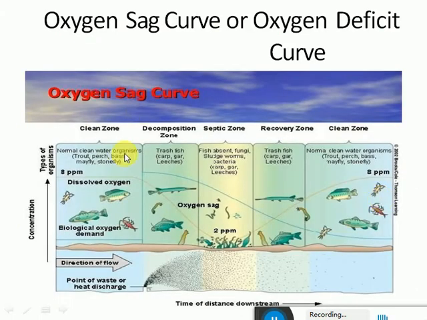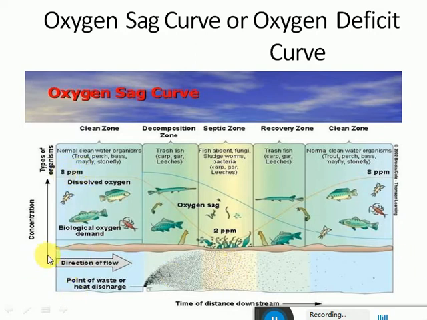This is the picture which is depicting the dissolved oxygen level at a saturation level. During the zone of clearer water, before discharging the sewage, the saturation limit of this river is 8 ppm, and this is the direction of flow.